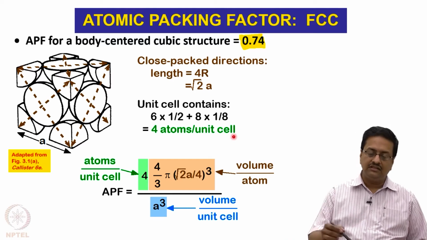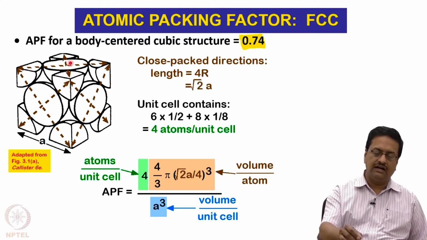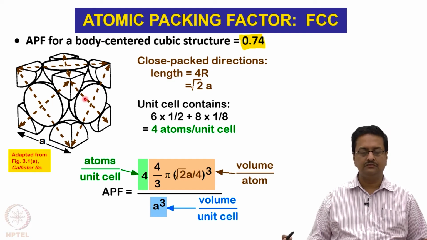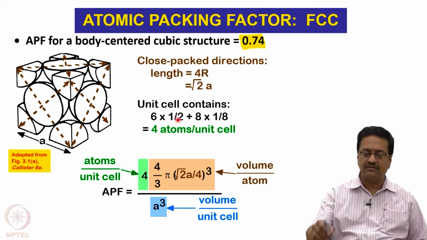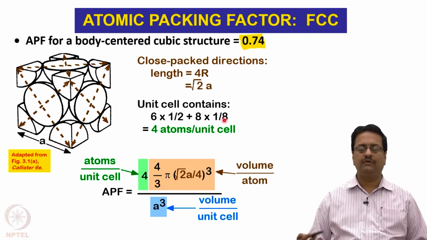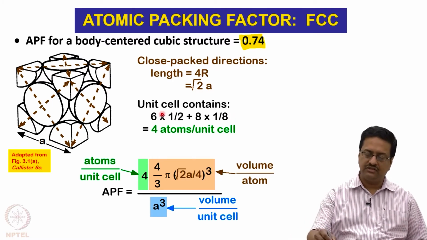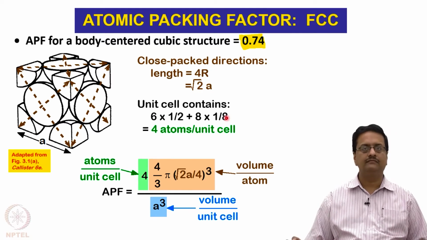How? See, the face atoms contribute half, and there are 6 such faces. So those 6 faces contribute to 3, and 8 corner atoms contribute 1/8 each. So 8 into 1/8 gives you 1. So 3 plus 1 equal to 4.